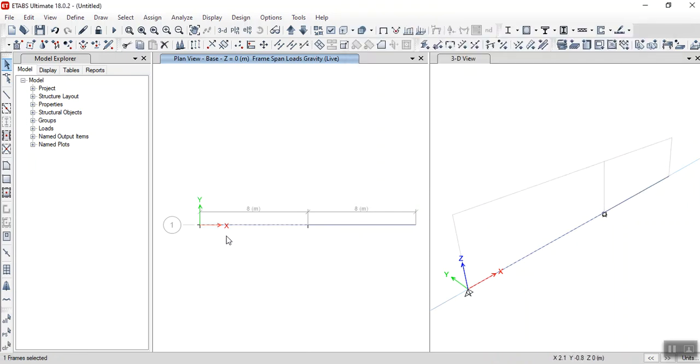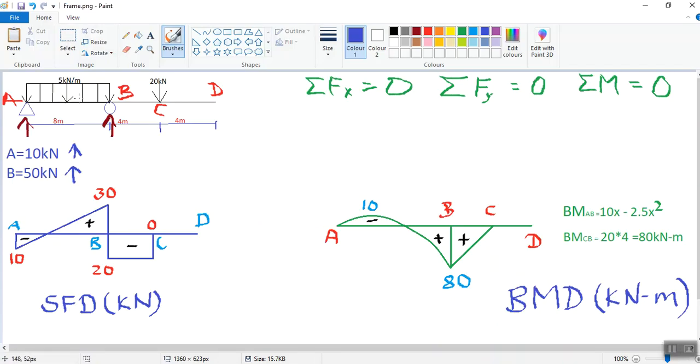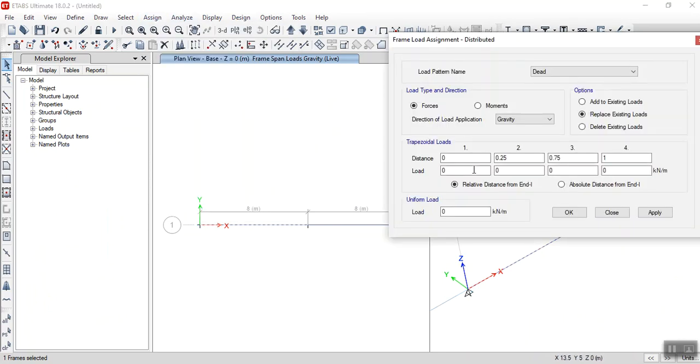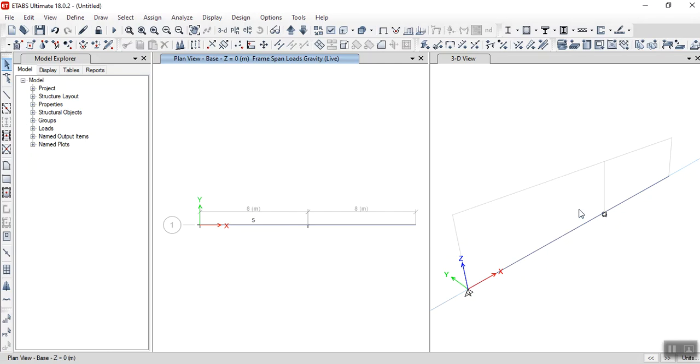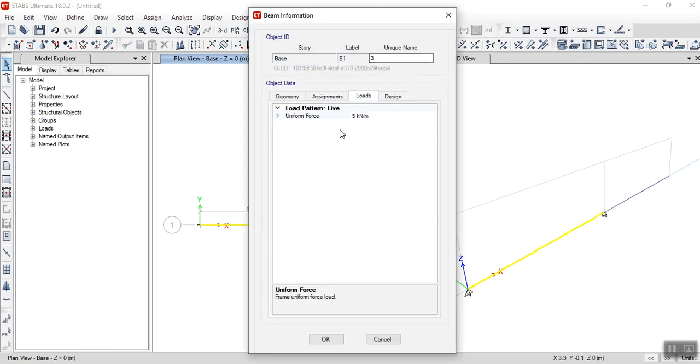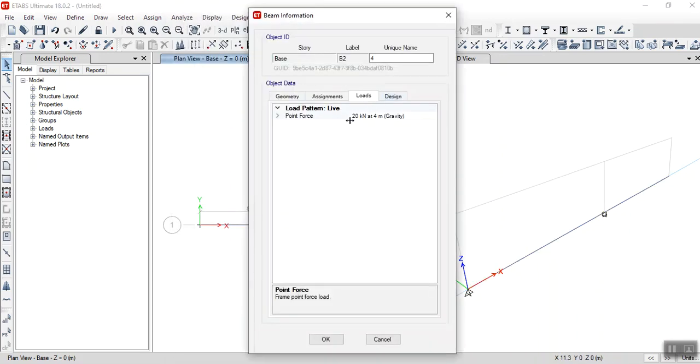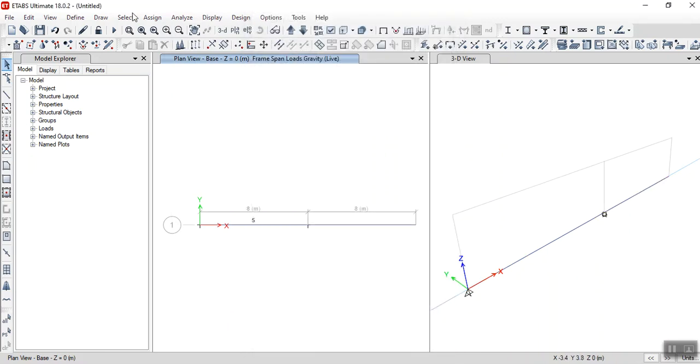Now for this AB beam we have 5 kilonewton per meter uniformly distributed load, so we assign frame load, distributed load, live load 5 kilonewton per meter UDL, apply. Okay, you can see 5 kilonewton per meter load here. Right click it, you can see 5 kilonewton per meter load acting in span AB and 20 kilonewton at 4 meter in span BD. Okay, now we will run it.